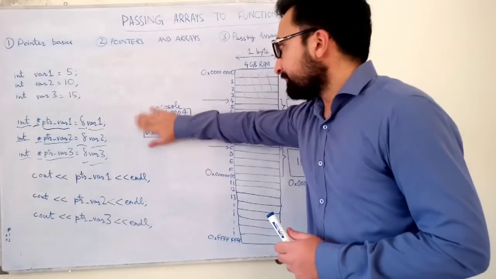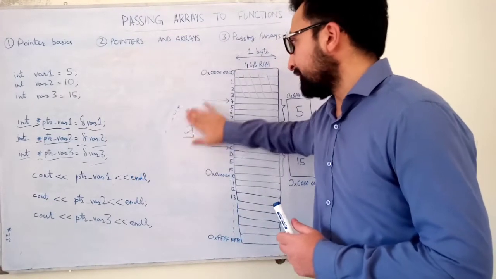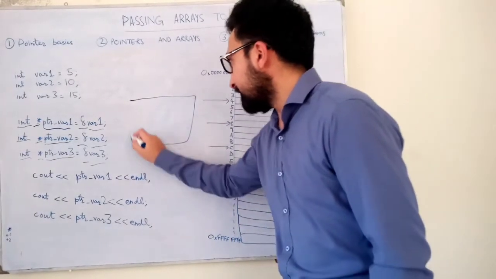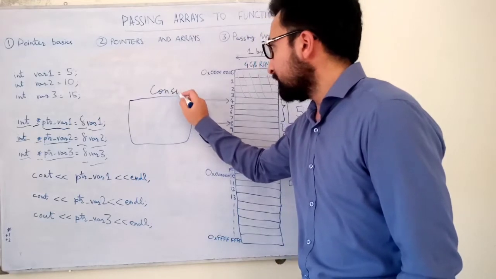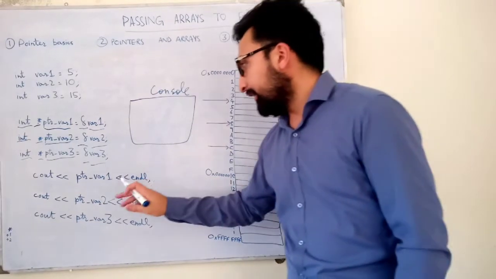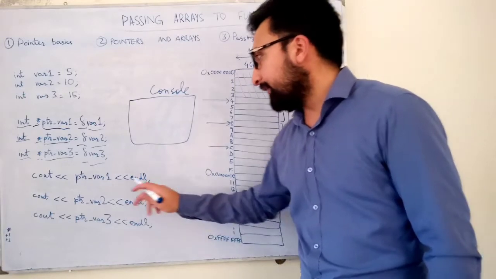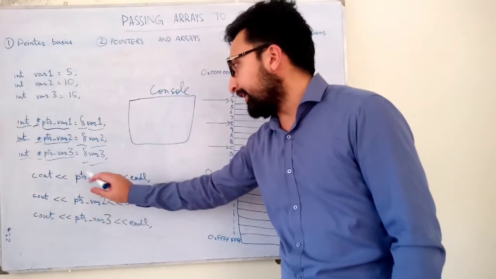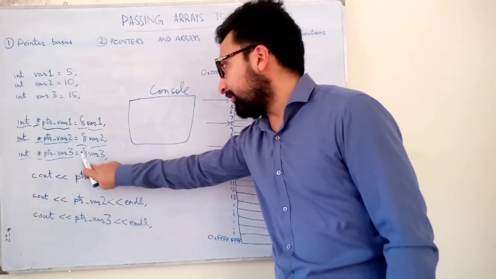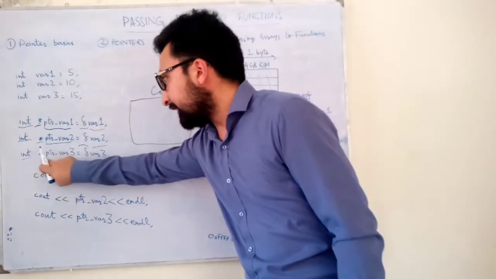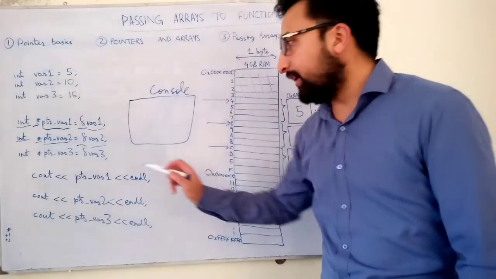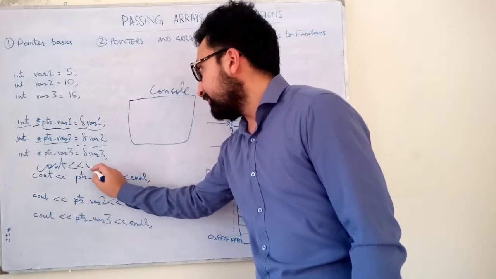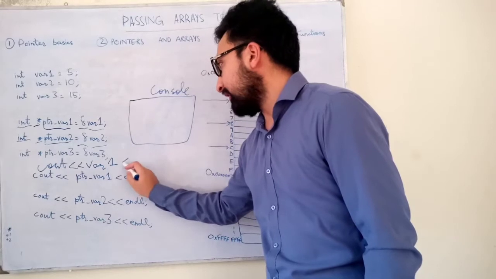Basically, we need to draw a bigger console for that. The console is basically bigger. Now the console is bigger, and we assume that just like we had a ptr_vr1 variable that was being displayed on the screen, before that we have a cout of var1 that is being displayed on the screen.